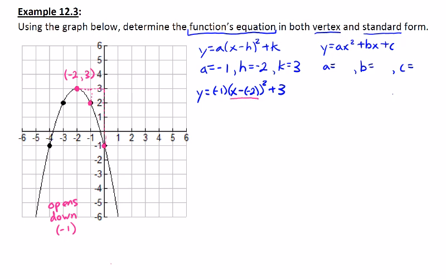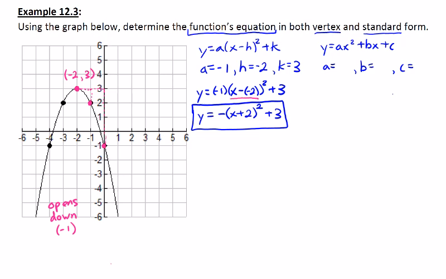We don't typically want to leave an algebraic expression with subtraction of a negative, and we oftentimes don't leave a multiplier of -1 written in the way that it is here either. So this is going to be the cleaner version of the way that I want this written. You'll just put a negative symbol, open parenthesis, x plus 2 squared, and then plus 3. And that is going to be the equation for the vertex form of this function.